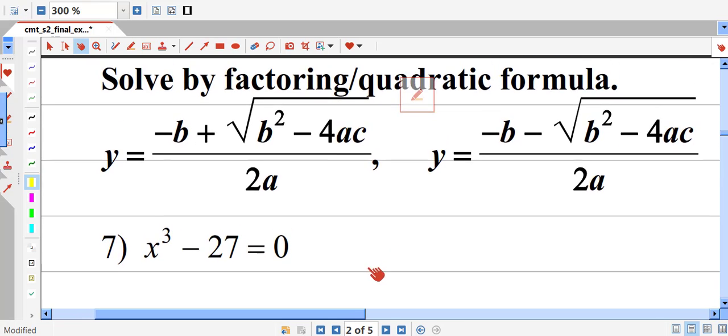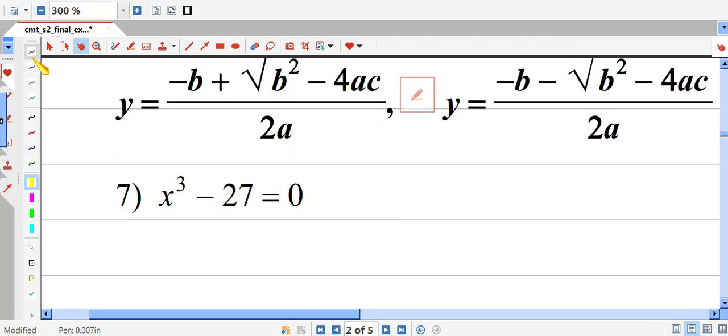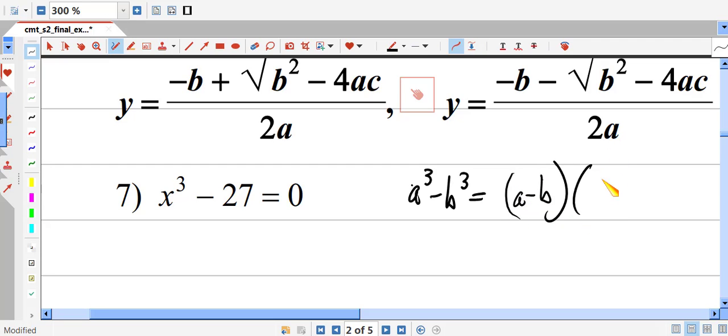Okay, so solve by factoring and the quadratic formula. So I need two formulas here, which you'll get on the test. And one of them is the difference of perfect cubes. So that means a cubed minus b cubed is equal to, and the formula is a minus b times a squared plus ab plus b squared.